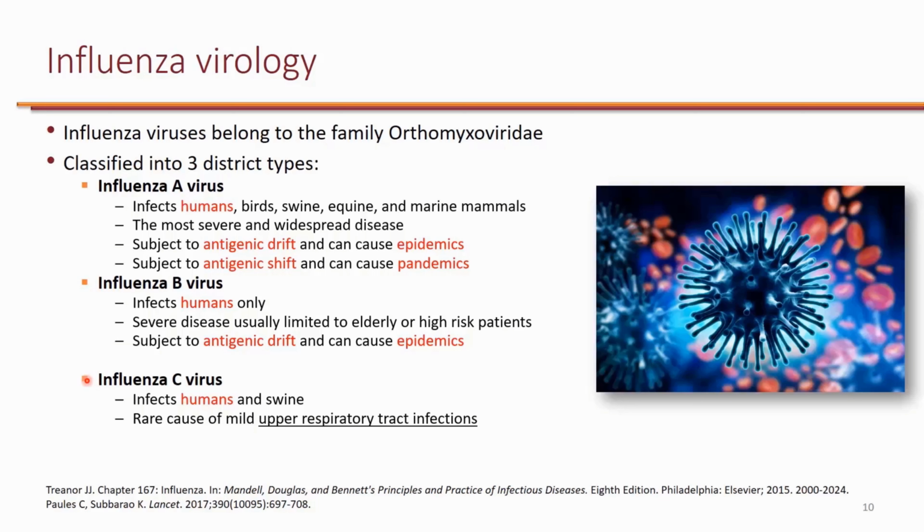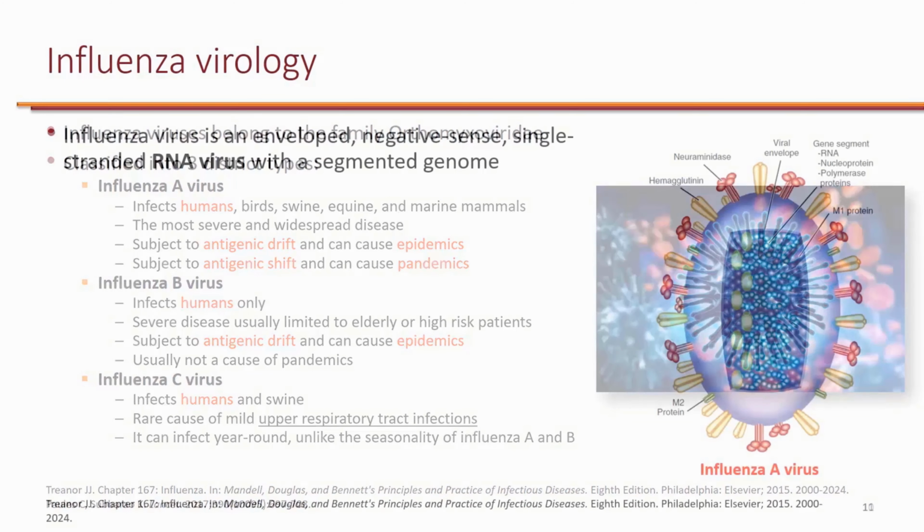With antigenic shift, the variation is so much that a new strain of the virus is introduced, which can cause global pandemics. This typically does not happen with influenza B. And of course, influenza C can infect year-round, unlike the seasonality of influenza A and B.